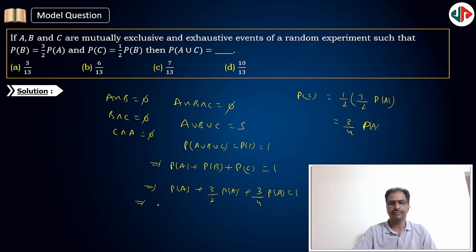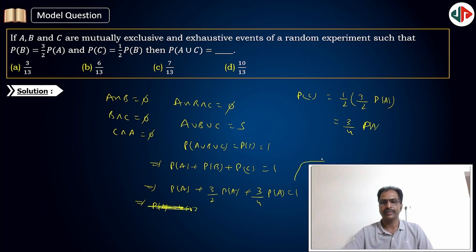If you take the LCM, 4 P of A plus 6, 10 plus 3, 13 by 4 P of A is equal to 1. From this you will get P of A as 4 by 13.